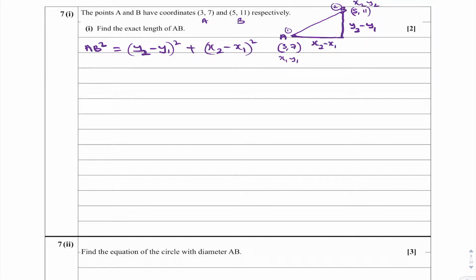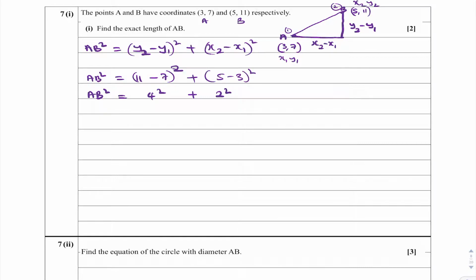Now, y2 is 11, so that's 11 minus y1, 7, squared, plus x2 is 5 minus 3 squared, and that gives us AB squared, which is 4 squared plus 2 squared.